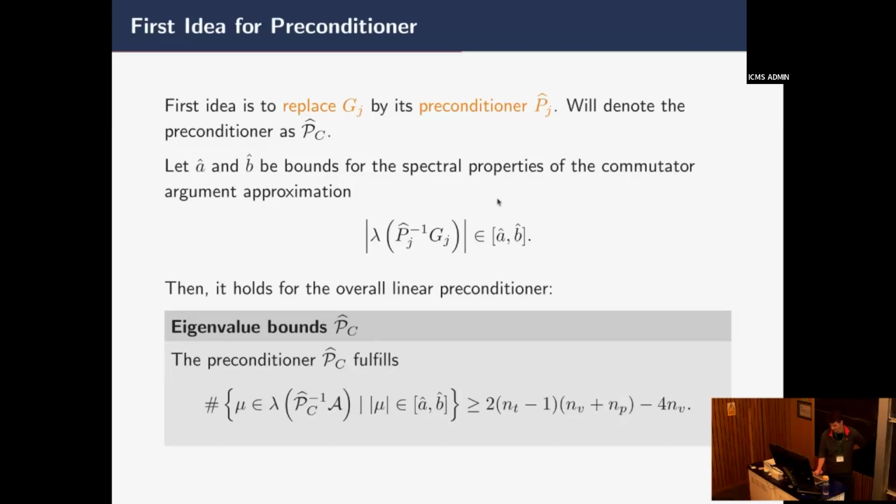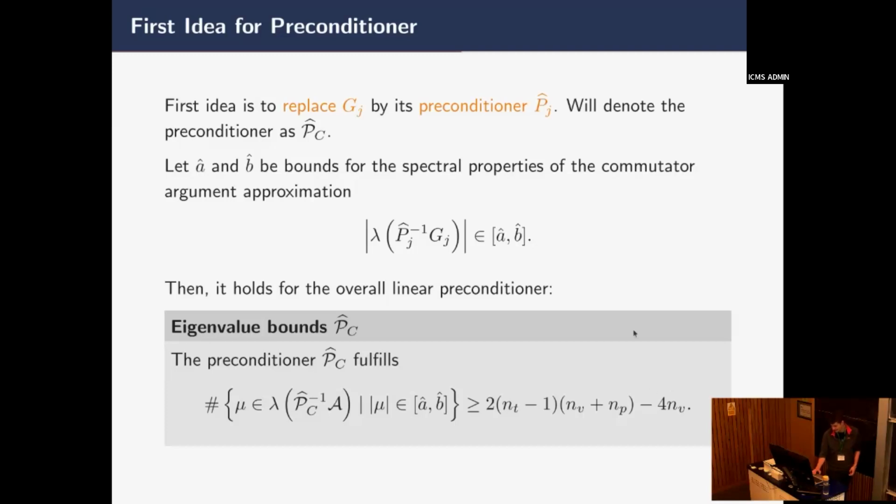What one can actually show then is that if the preconditioner for the subproblems fulfills this property here, that we have 2 bounds, A hat and B hat, both being positive, and the eigenvalues are contained in that interval, that property carries over to the circulant approximation-based preconditioner. So the number of eigenvalues contained in that interval is also quite large, and you only lose about 4 NV of those. This also suggests that it might work quite nicely.